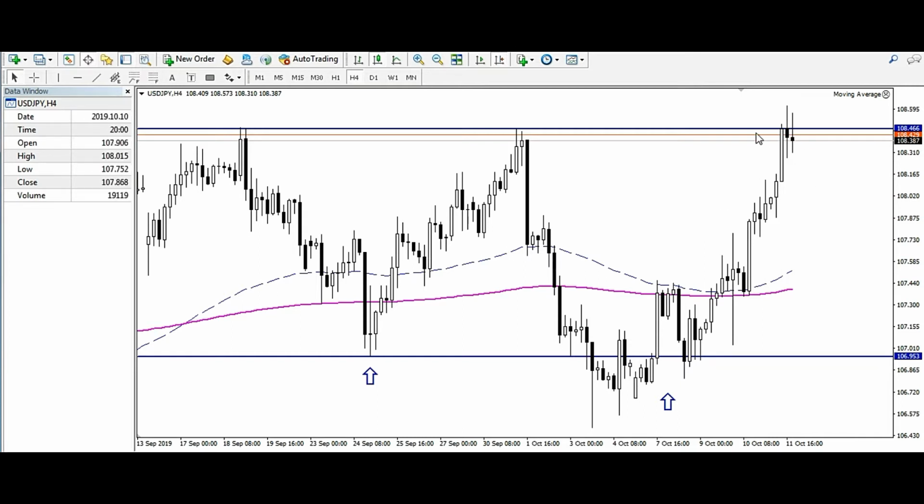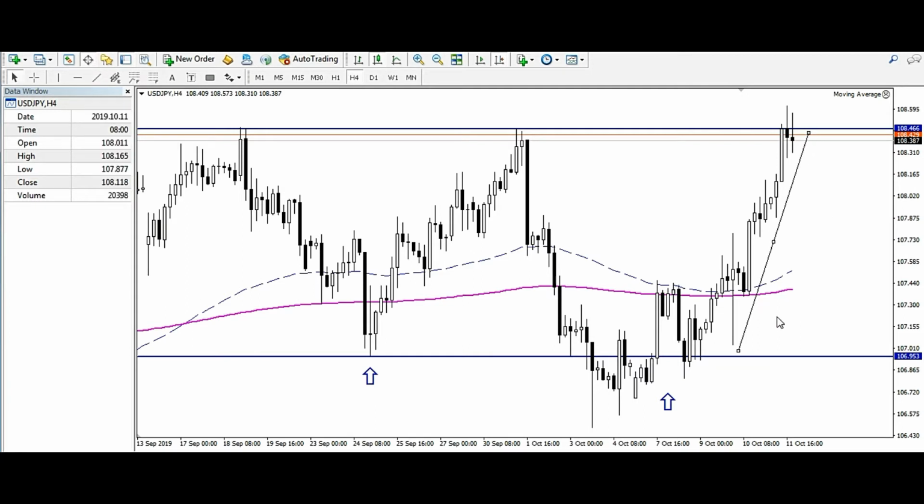So this pause might be an indication that this trend might be at its end, and that's the reason we can look to short this market right now. But before that, I want to mention some more things.